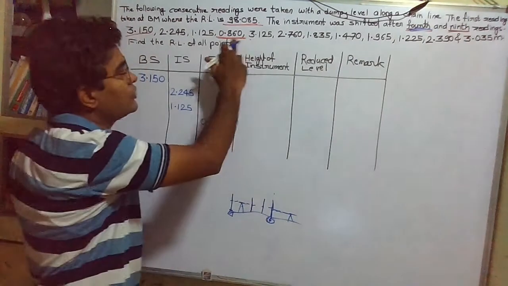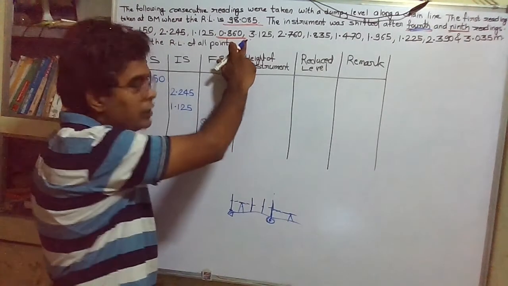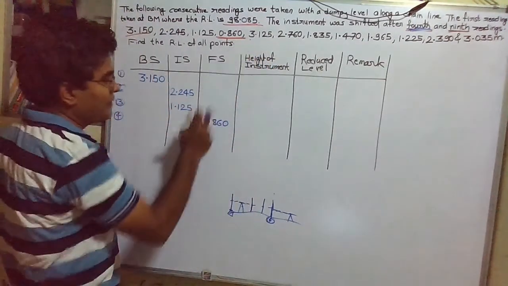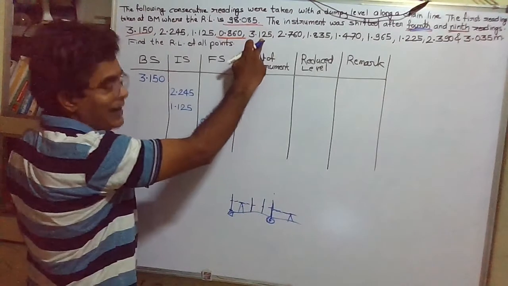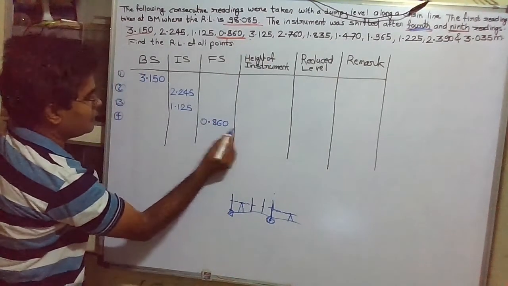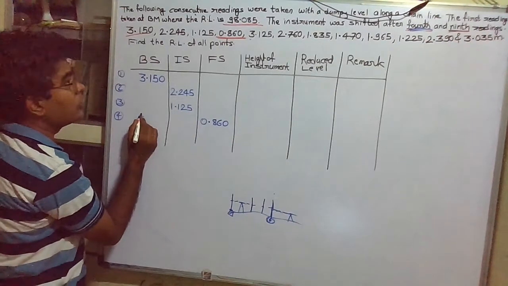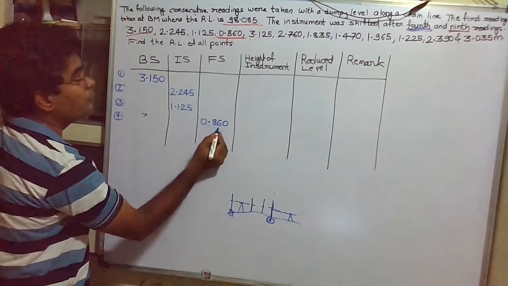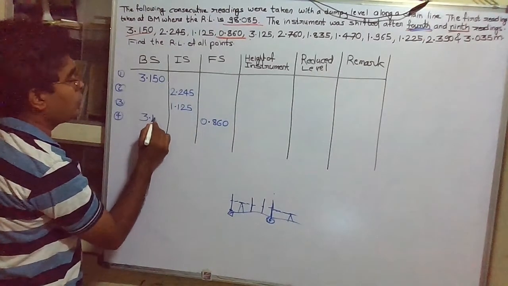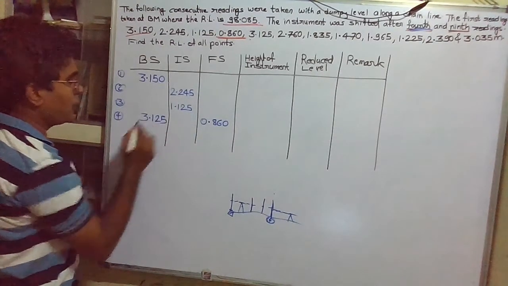So it will come under the backsight column, and always in the same row, the row of 0.860, so we write 3.125.